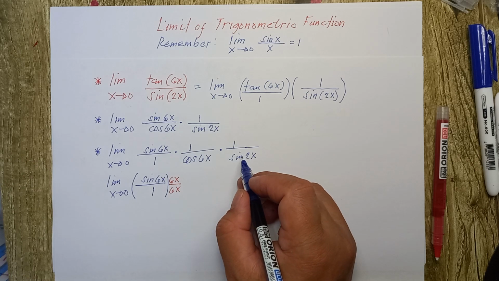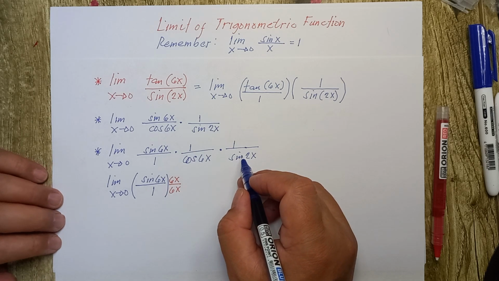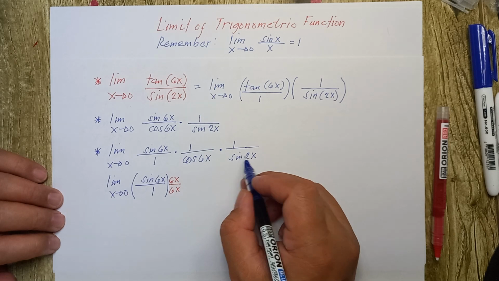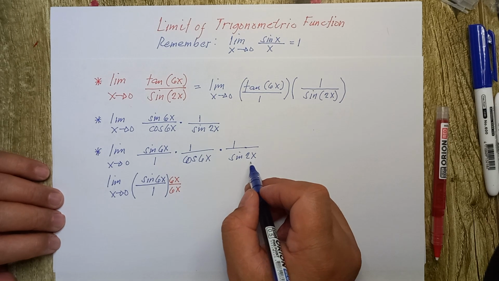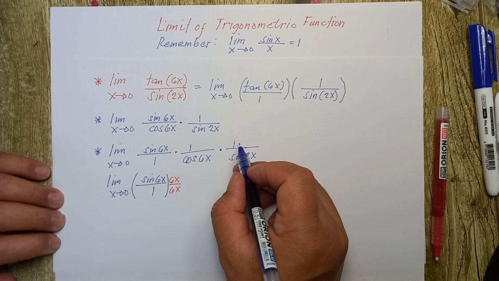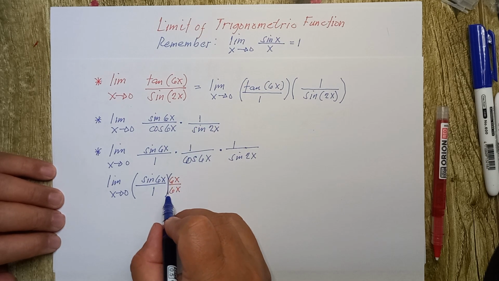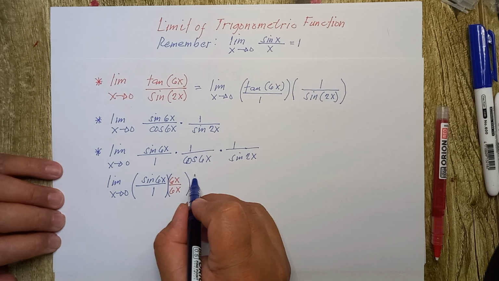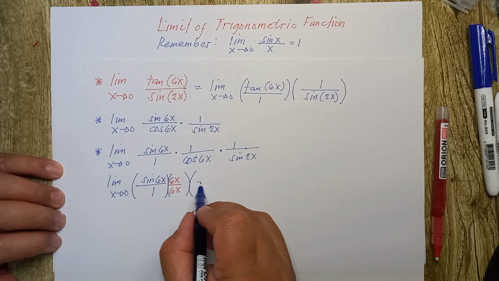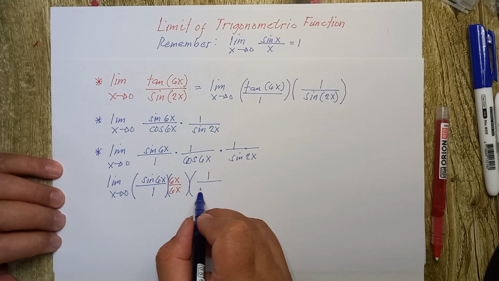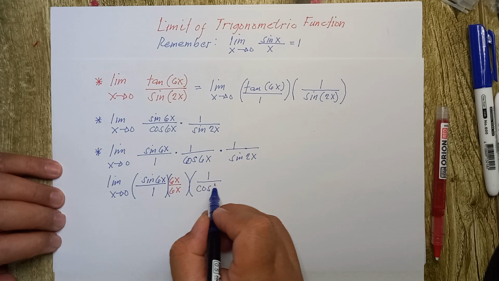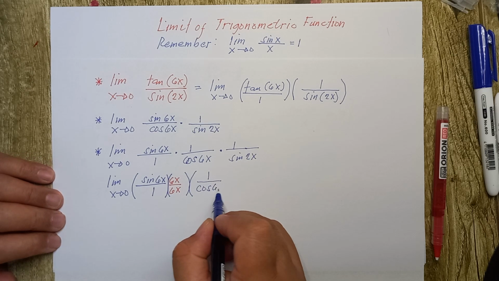So that it will give you just the same. If the coefficient of this one is 2x, the numerator must be 2x. So of course, before we look into that one, we multiply first the original 1 over cosine 6x.